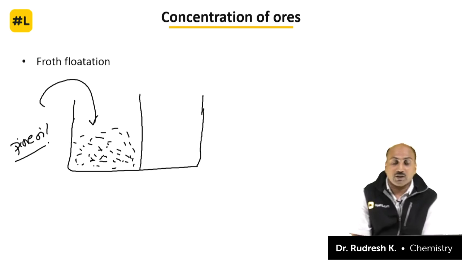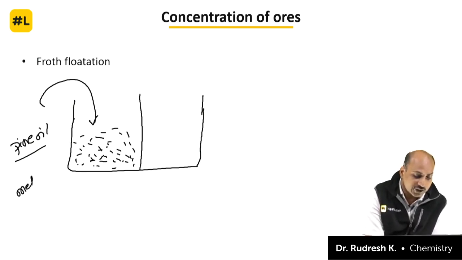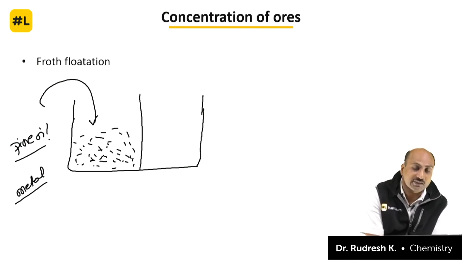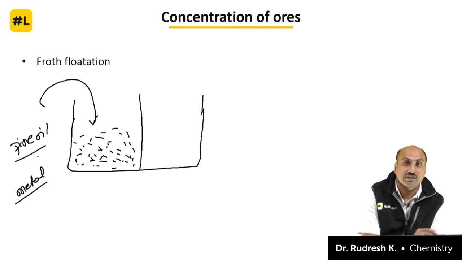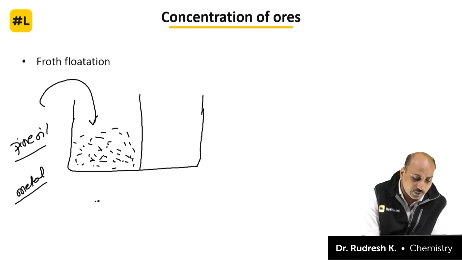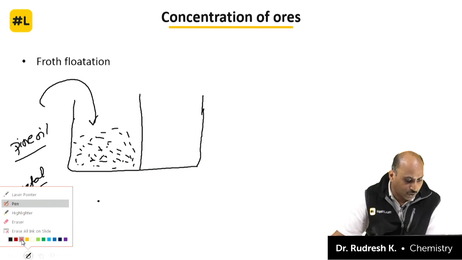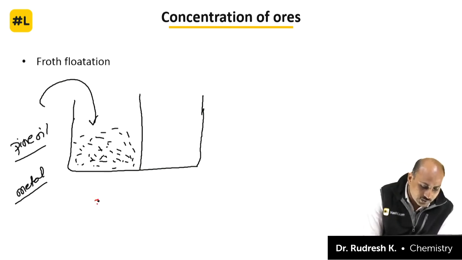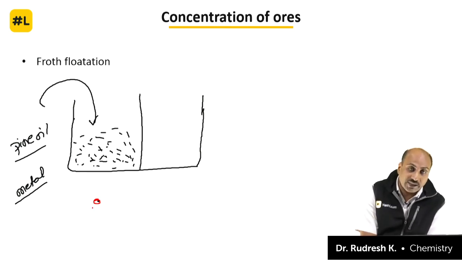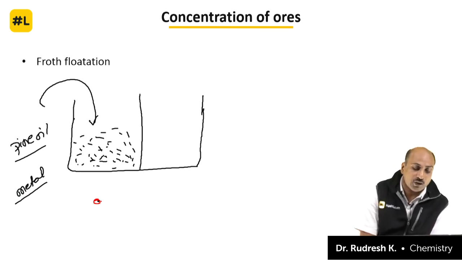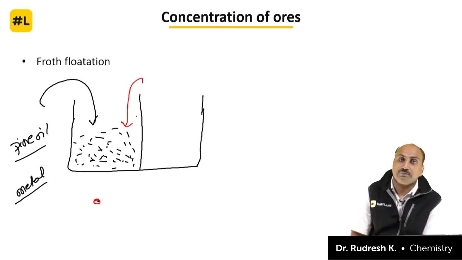The moment you add pine oil, the metal present in the ore gets wetted by oil, that means the surface of the metal is completely covered by a special layer, like this. You can see the particle completely covered with oil. The metal is inside, surrounded by oil, so it becomes completely hydrophobic in nature and never interacts with water.